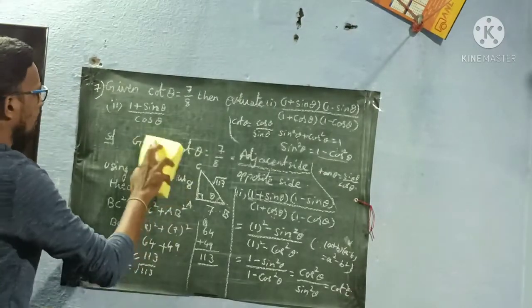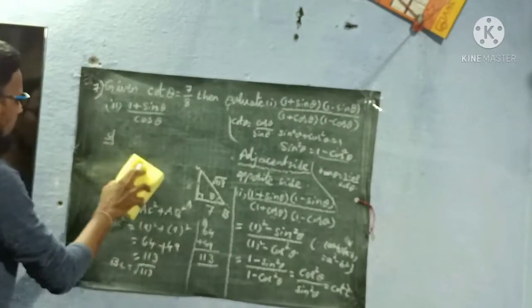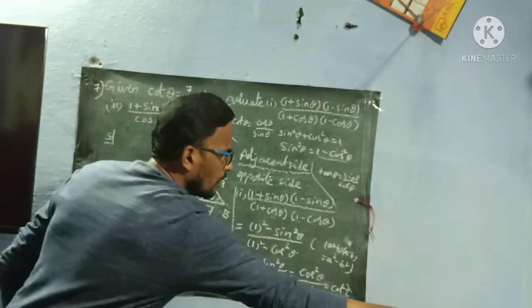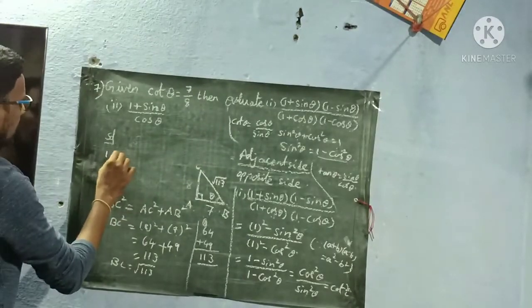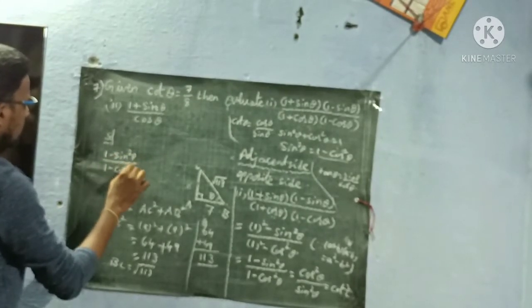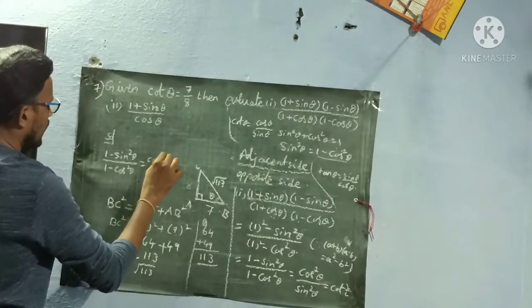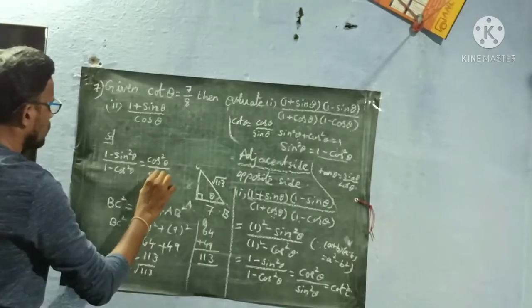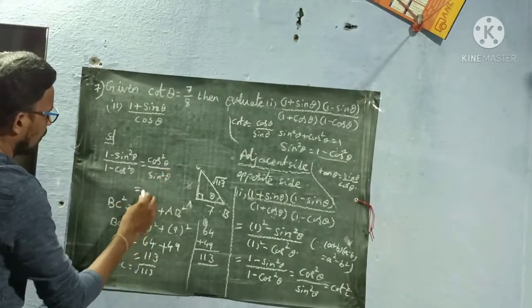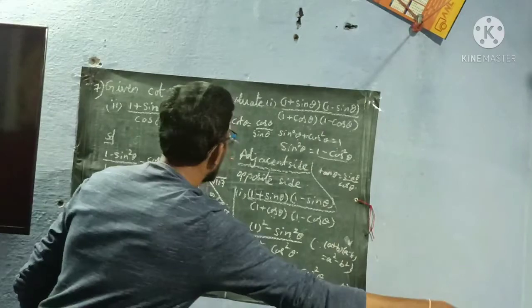So here I am erasing this and I will continue here. So again I will write (1 − sin² θ)/(1 − cos² θ) is equal to cos² θ by sin² θ. So that can be written as cot² θ. Already we know the cot θ value from the question.